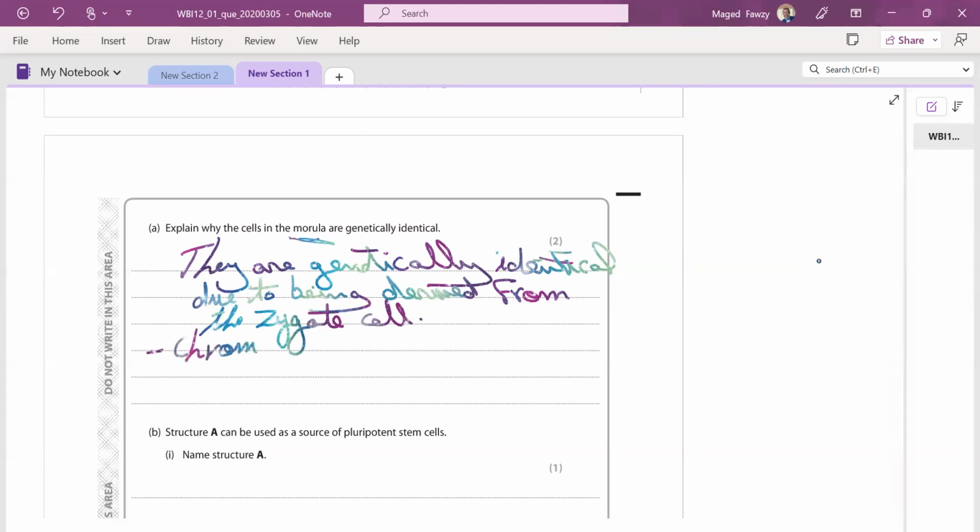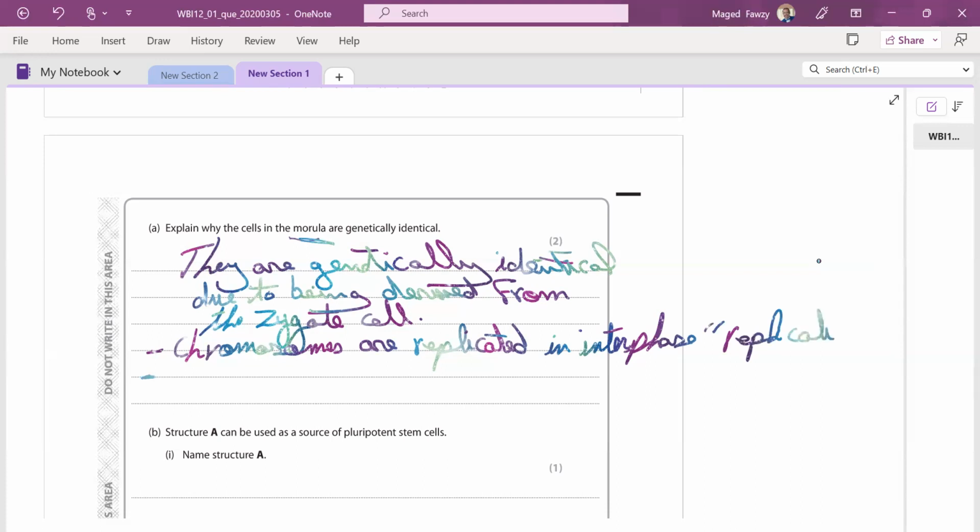Chromosomes are replicated. If you want to say this, Yasin, in interphase, nice. If you want to say just by a process called replication, nice. Okay, so write beside it replication if needed.